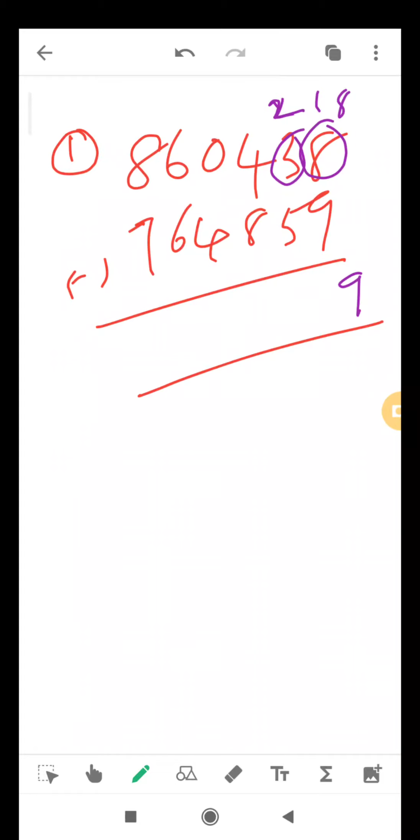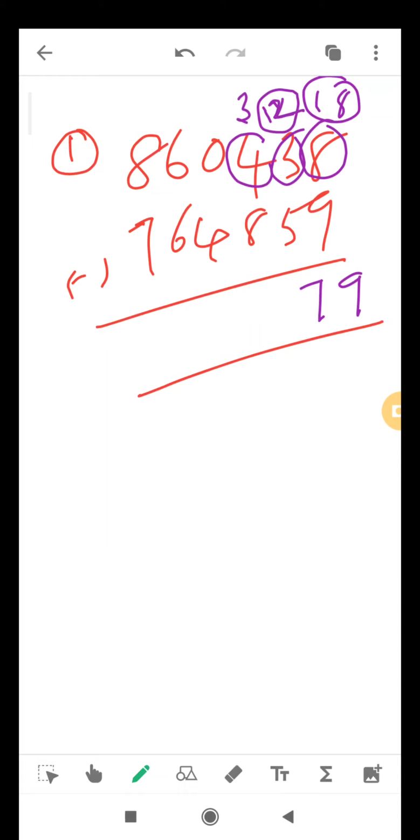This 3 becomes 2, therefore from 3 we cannot subtract 5, therefore from 4 you take 1, this will become how much? 12. From 12, 5 if you subtract, how much you are going to get? 7. So here 5 will remain how much? 3. So here 0 is there, and from 3 we have to subtract 8, that is not possible.